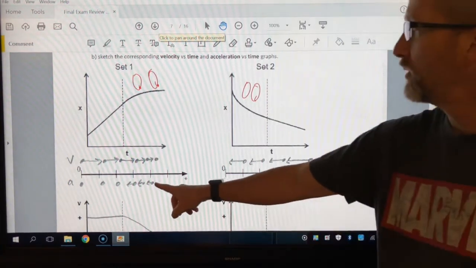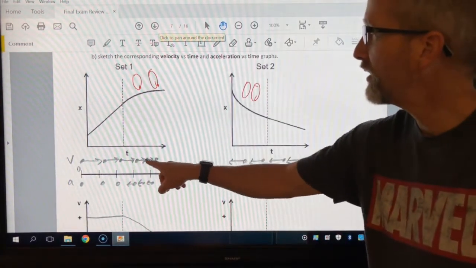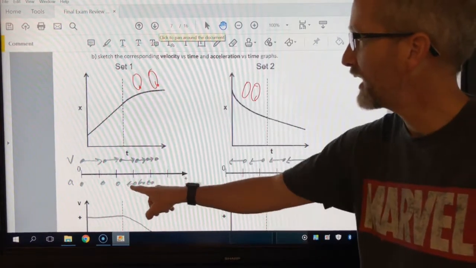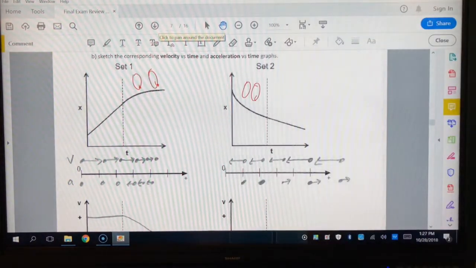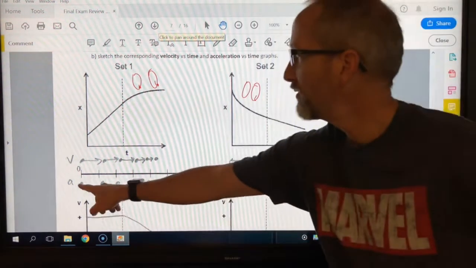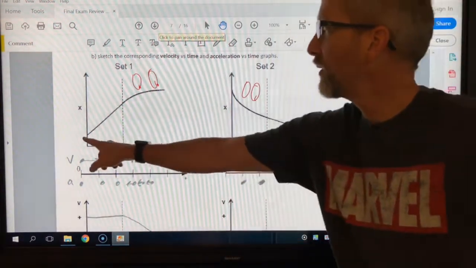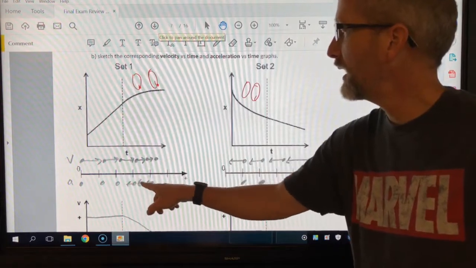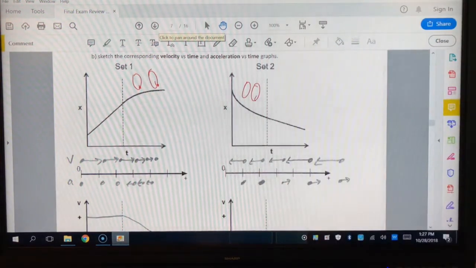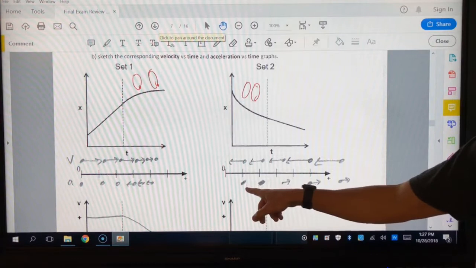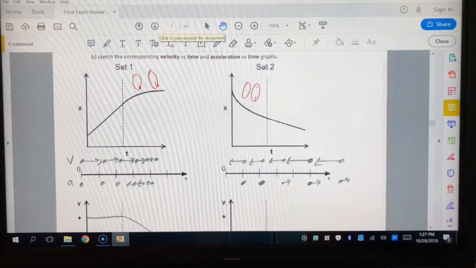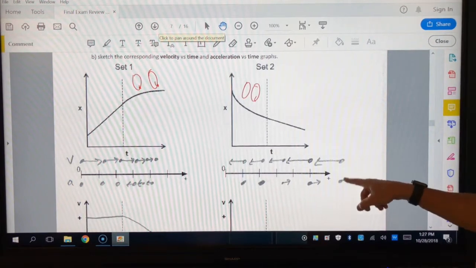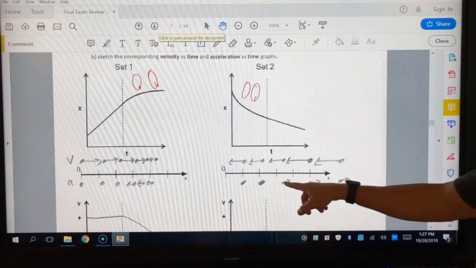On the bottom, notice that the velocity is going in the opposite direction of the acceleration, and so it has to slow down. Here we've got just dots because it's not accelerating from here to here, but here it has a negative acceleration. Over here, we're starting on this side, and the acceleration's going in the opposite direction.